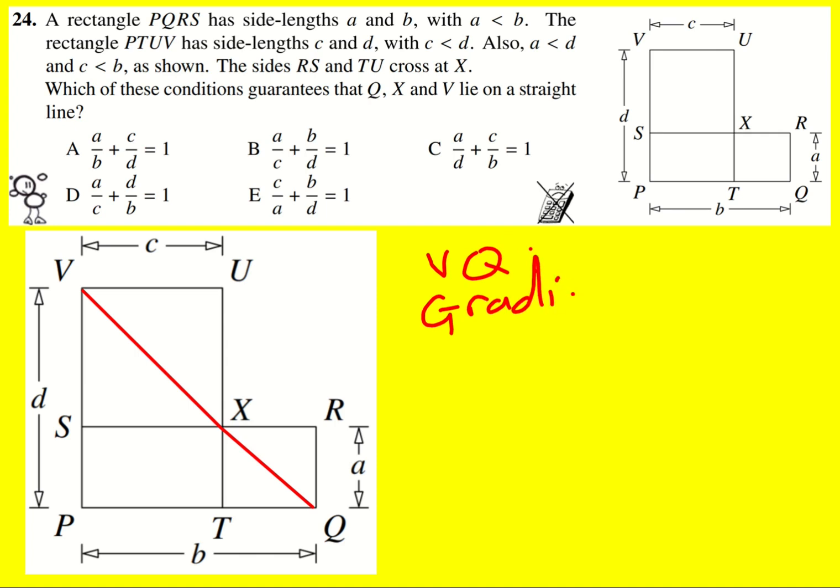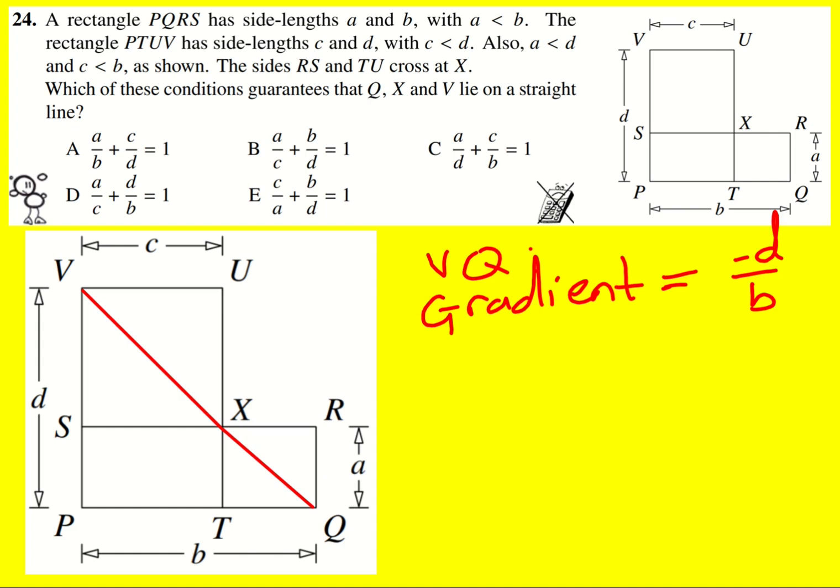So the gradient is the rise over the run. In fact, the rise here is minus d, and the run is b. That's why this one is a good shout, because you don't have to start subtracting things, which you do for the other ones. I can either do Vx or xq. Of course, you could do Vx and xq together. It's a little bit more complicated, but you can get there.